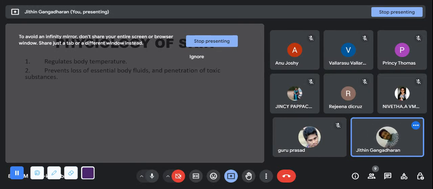The next function is that it prevents the loss of essential body fluids and the penetration of toxins or harmful substances. So what happens when burns occur? The body won't be able to regulate the loss of body fluids, there will be dehydration all over the body, and the entire hydration status of the body will change.